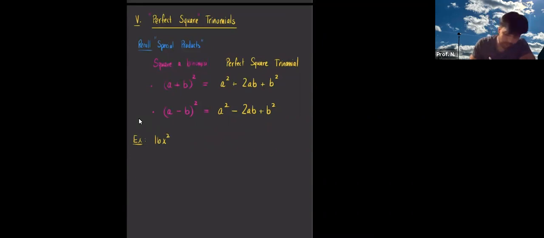And hopefully you appreciate why we consider this perfect square trinomial factorization as a special kind of factorization. So this is a trinomial, right? As we have seen before, this is the case where the a value, in this case 16, the number in front of x squared, is bigger than 1.